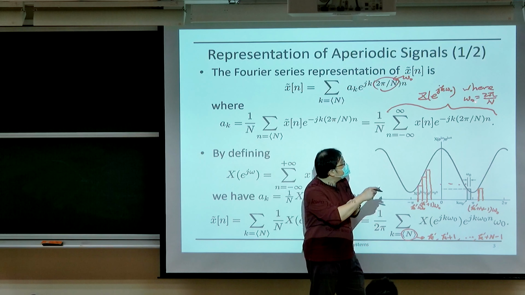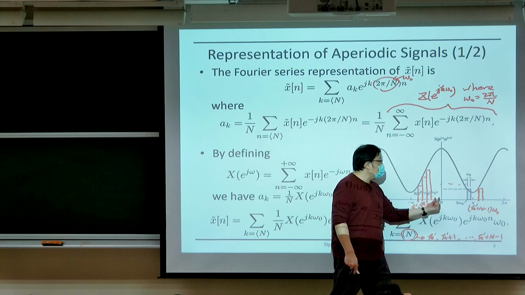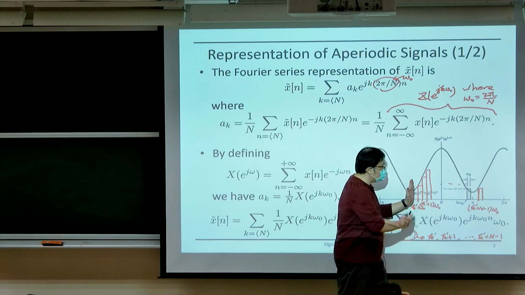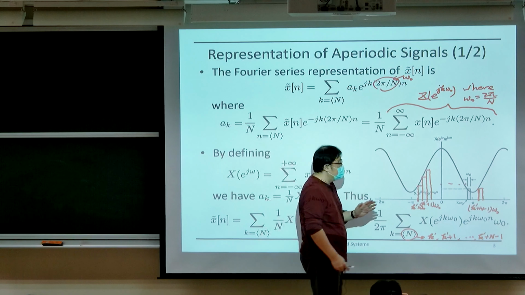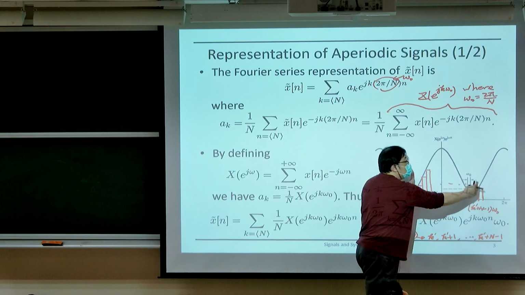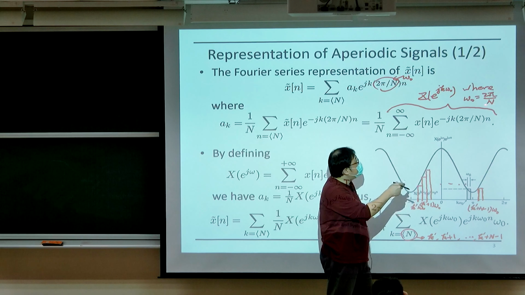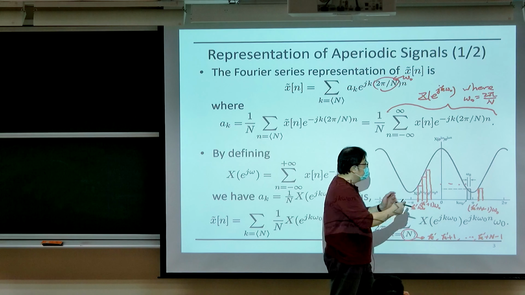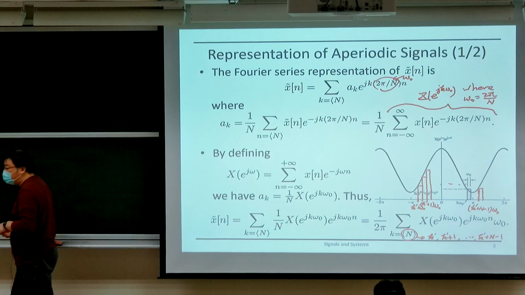Now, what is omega naught? Omega naught is 2 pi over capital N. So when you sum over capital N of these bars with duration omega naught, you're basically covering an area that spans 2 pi.